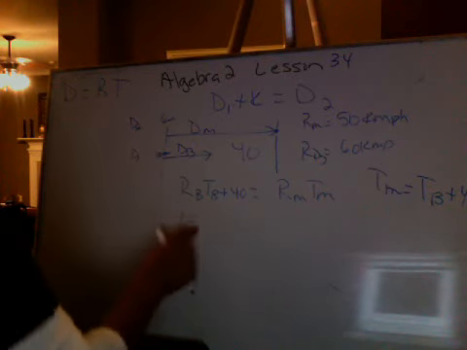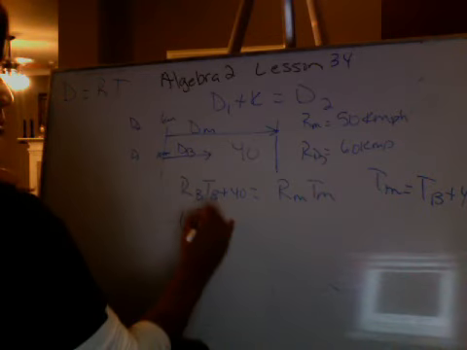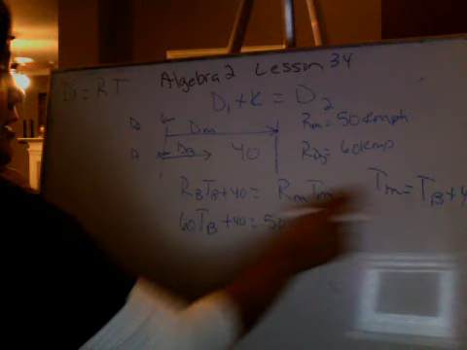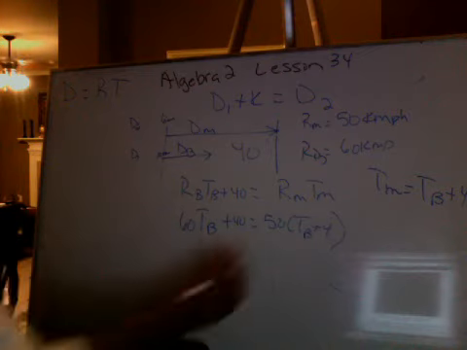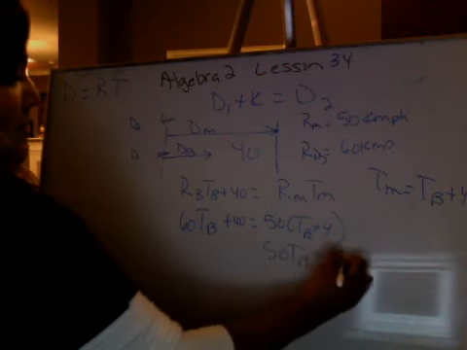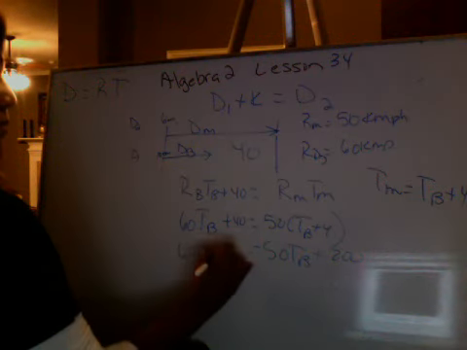So we have 60 for R. Do we know T of B? No. Plus 40. We have R of M, we know 50. And do we have T of M? Yes, it's T of B plus 4. And we've got to distribute this to 50. 60 T of B plus 40 equals 50 T of B plus 200.